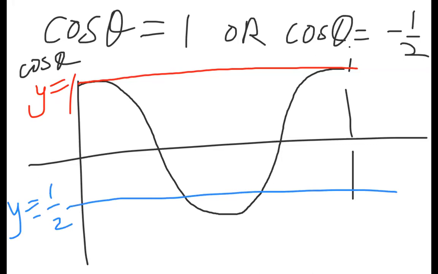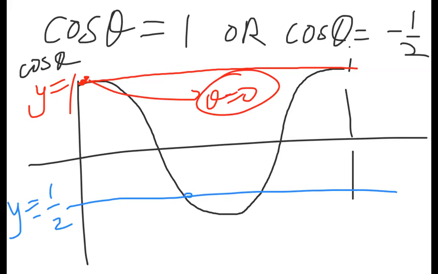For the intersection with y equals 1, it basically is the starting point 0, 1. Theta equal to 0.